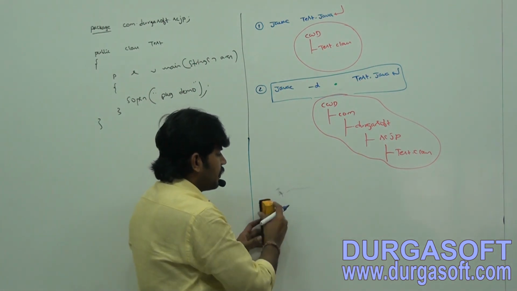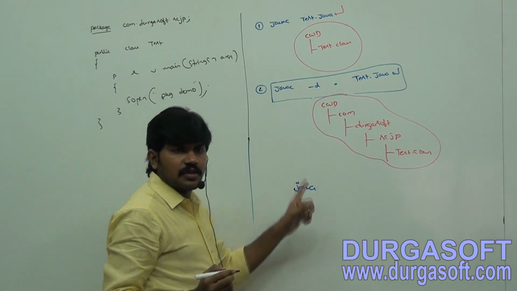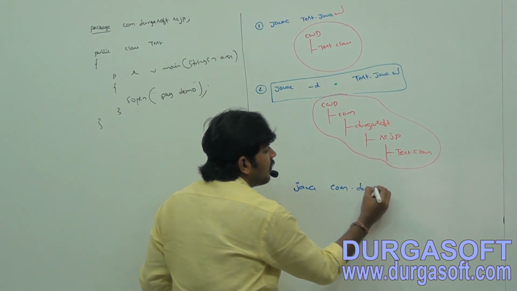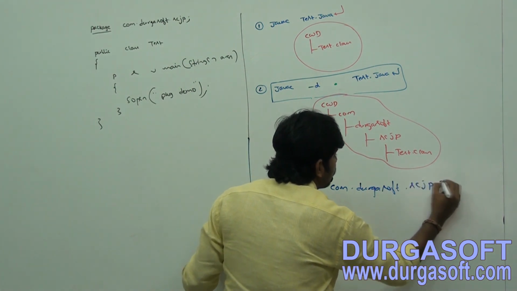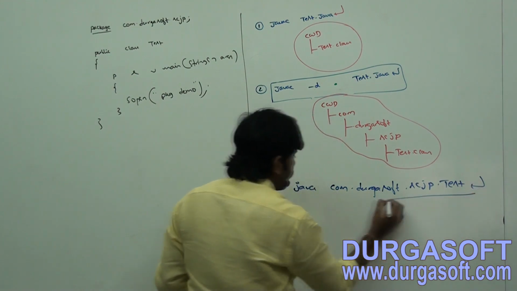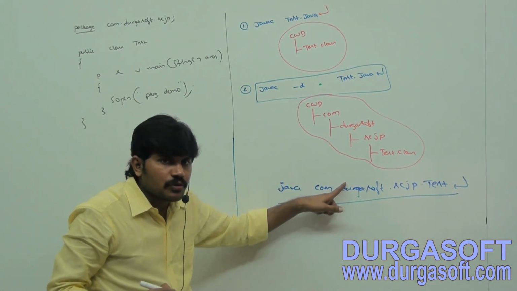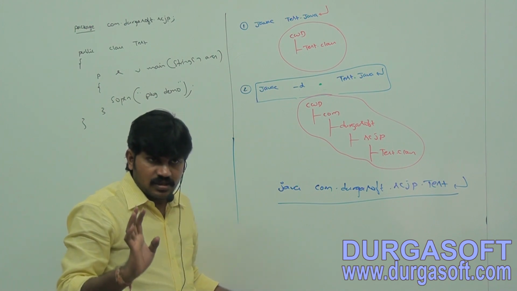Java com dot durgasoft dot SCJP dot Test. Are you able to get? At the time of execution, compulsory we have to use the fully qualified name, then only the program is going to run. Is it clear for all of you?